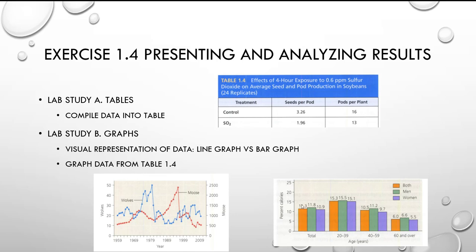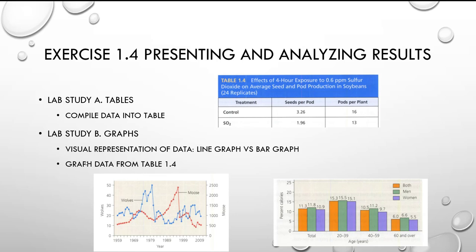So in this case, we have discrete data, even though you can think of years as continuous, our other variable here being gender, we have 3 categories, so we can't really have an in-between a men and a both, or a women and a both, okay? So there's 3 discrete categories here, so we have a bar graph.